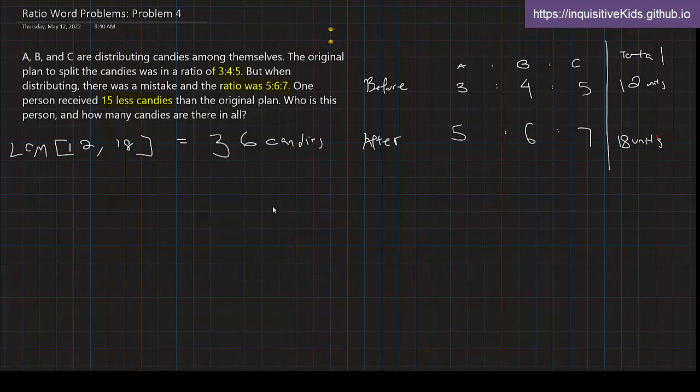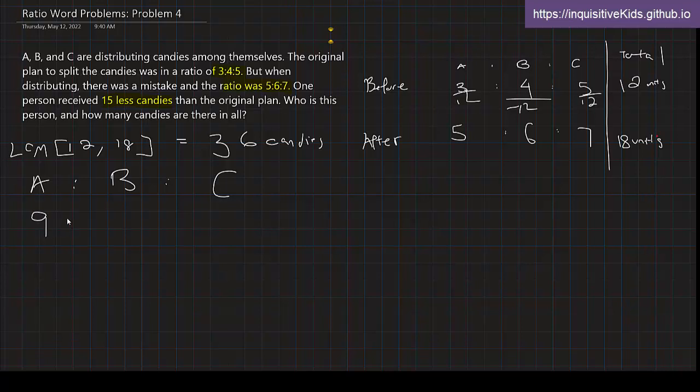All right, so this is our new ratio, A to B to C, but this time instead of units, this is going to be the actual number of candies. This is 3 out of 12 units, so 3/12, 4/12, 5/12. What's 3/12 of 36? 3/12 of 36 is really 1/4 of 36, which is 9.